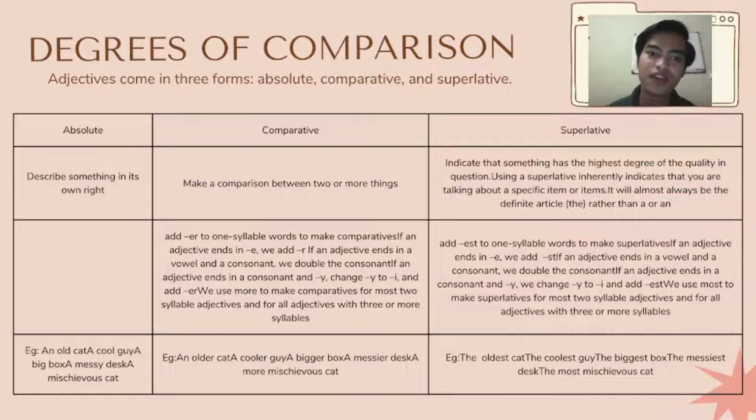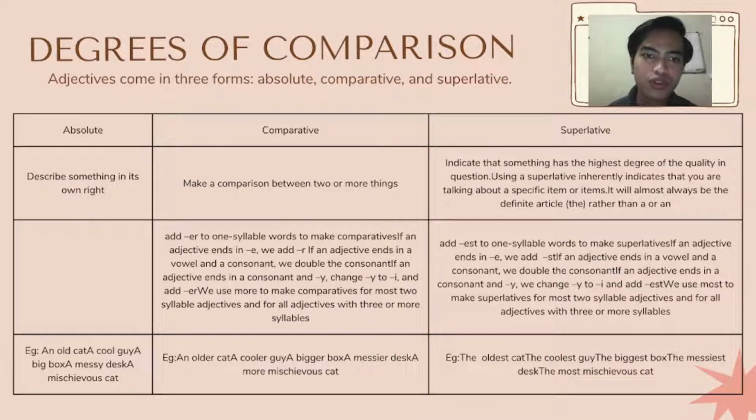If an adjective ends in the letter e, we only add r. If an adjective ends with a vowel and a consonant, we double the consonant. If an adjective ends with a consonant and y, we change y to i and add er.